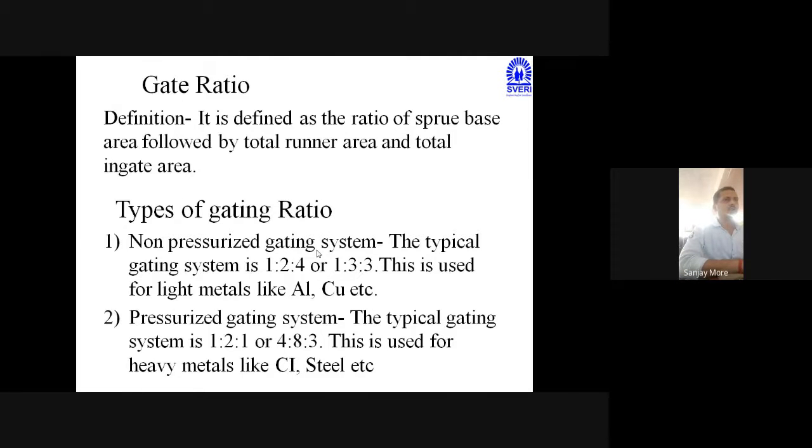Okay, so write down the definition of gate ratio.